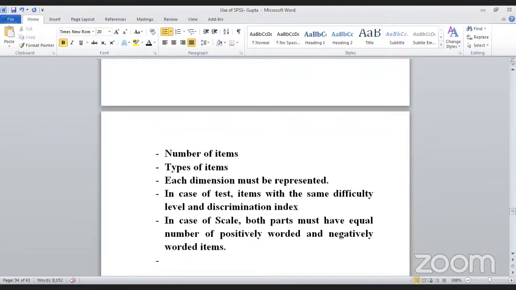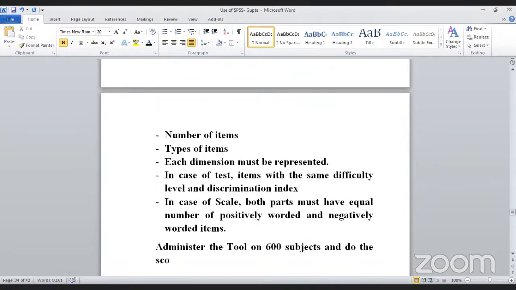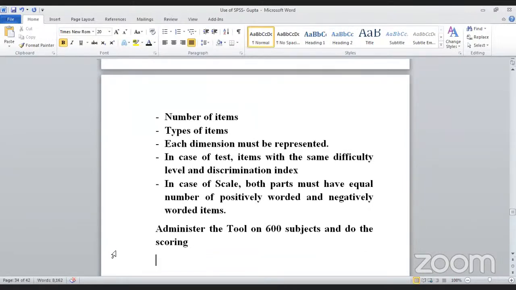So therefore, what you can do is you administer the tool on 600 subjects and do the scoring. So you have done the scoring, and now you can tabulate the scores.